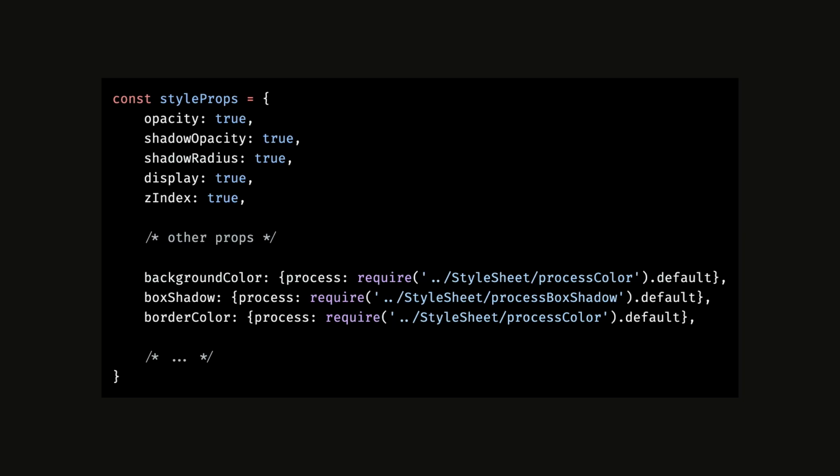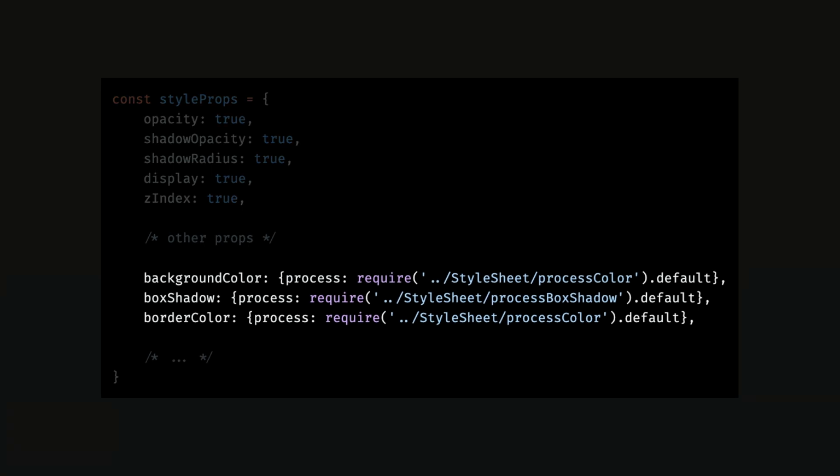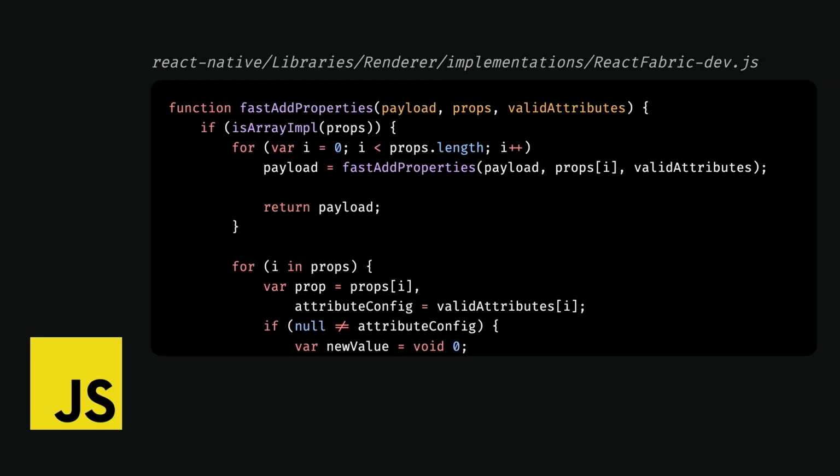So this is a JavaScript object where the key is a style property and the value is either Boolean true, or an object with a process function. So as you can see, some properties like background color are processed before they go further to the native layer. We have also box shadow, border color, and multiple other processors.